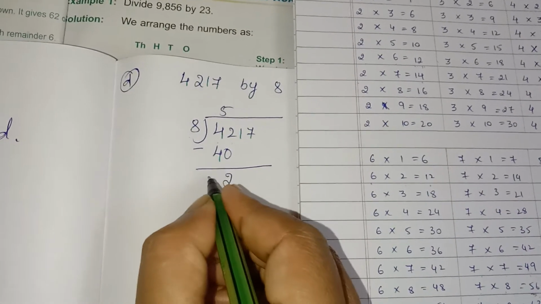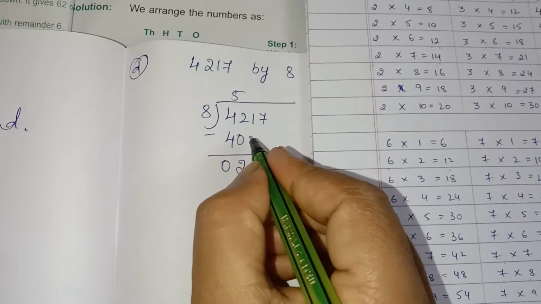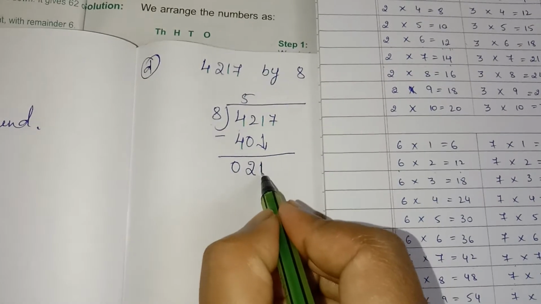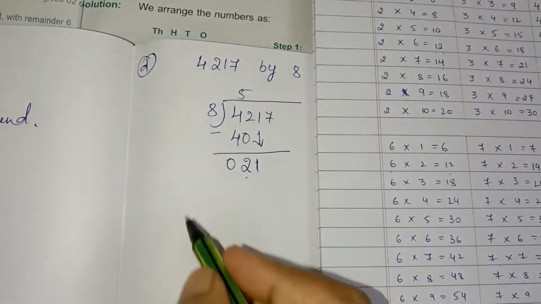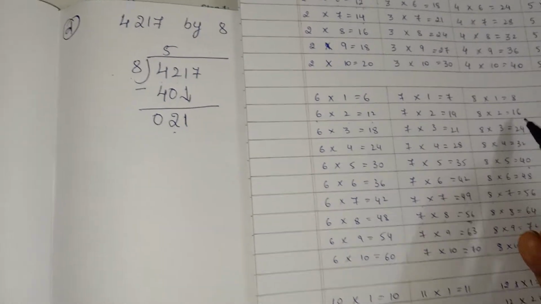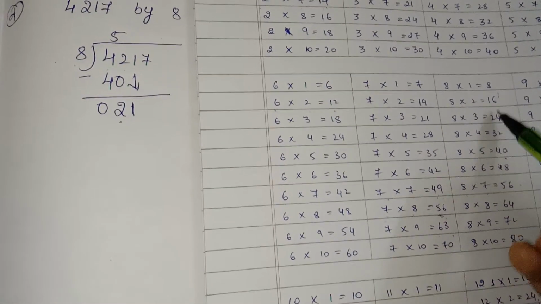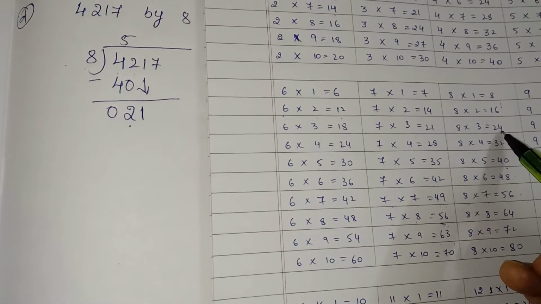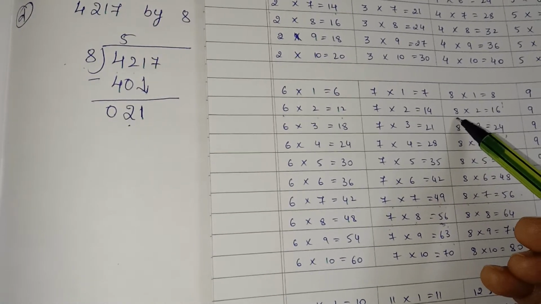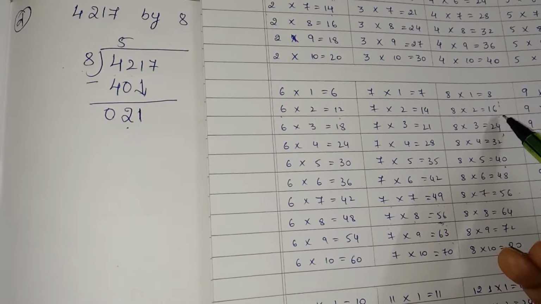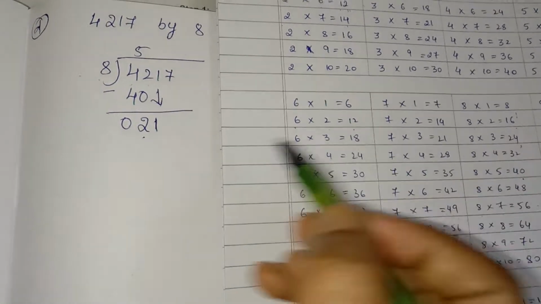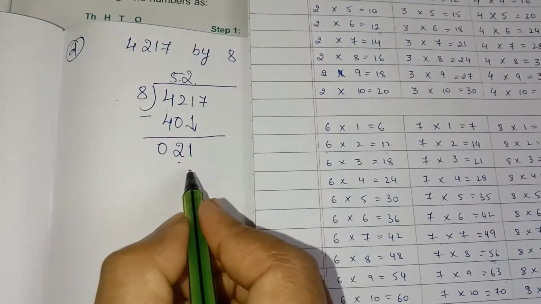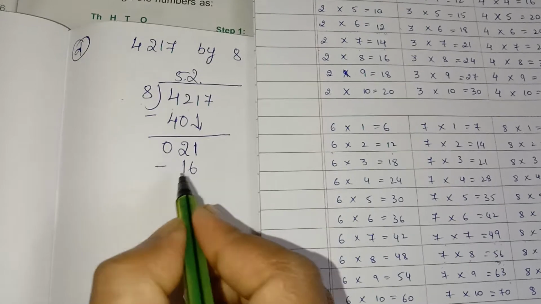Subtract, 2 0. Now take 1 down. Now divide 21 by 8. Recall the table of 3. Here 8 threes are 24, so we are not taking this 24. We have to take 8 twos are 16, which is less than 21. Subtract.